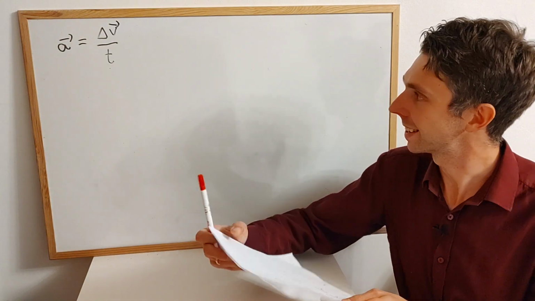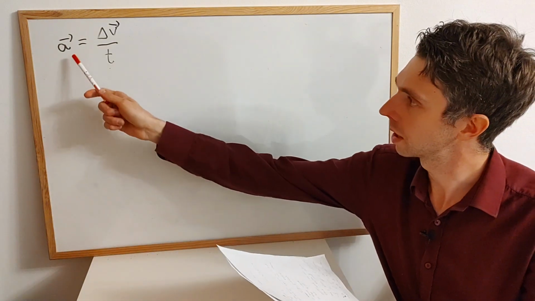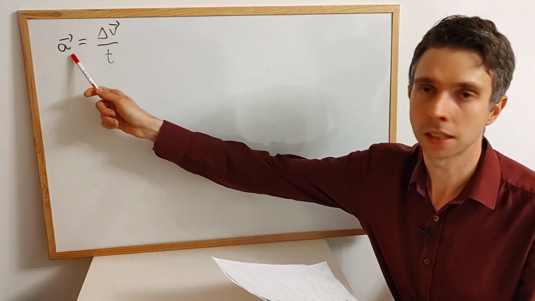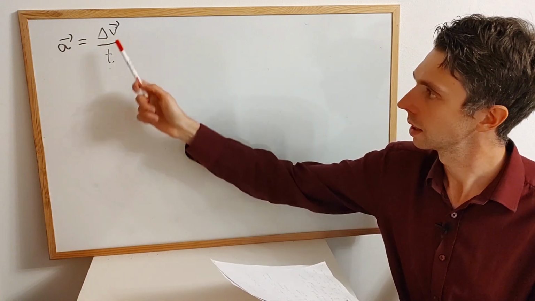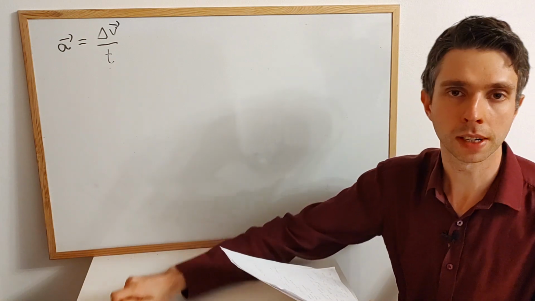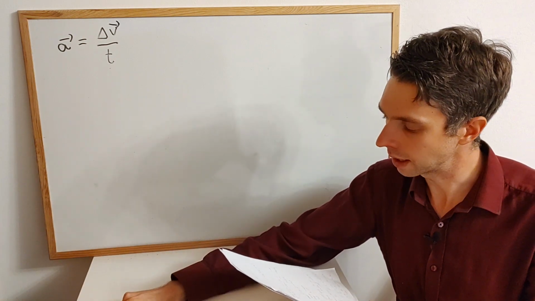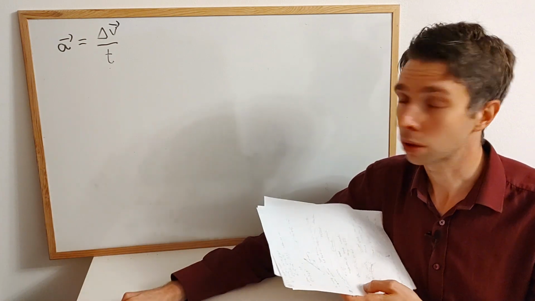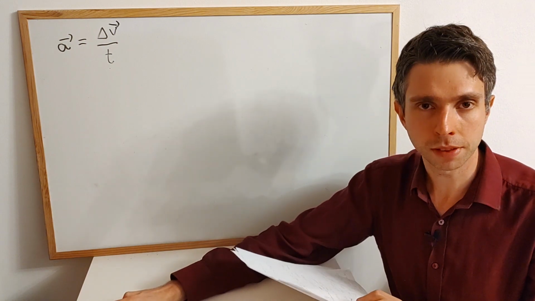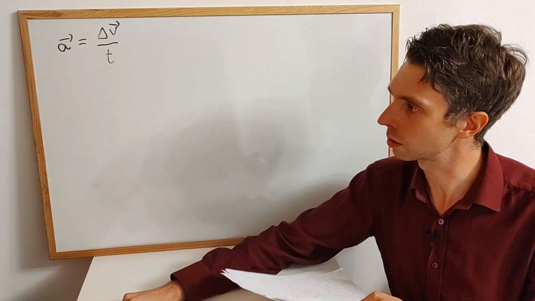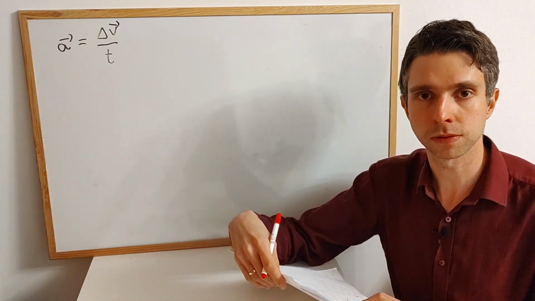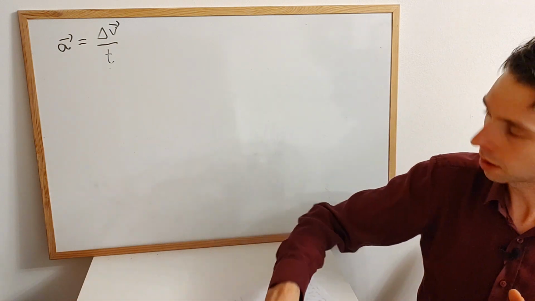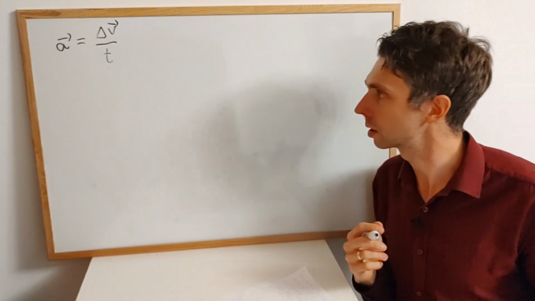Alright, so I told you that the acceleration vector is defined as the change of the velocity vector divided by time. And surprisingly, this definition brings us to two different kinds of acceleration. So let me show it to you.